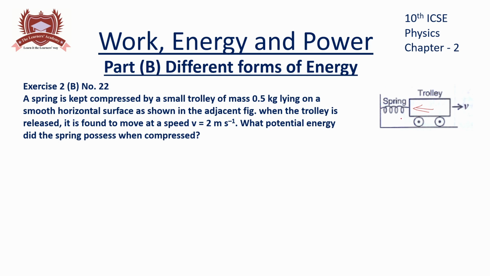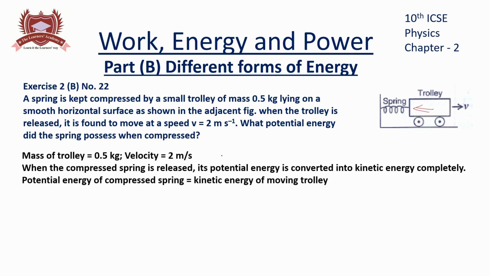As soon as I release the force, what is going to happen? The spring is going to come to its normal position. So the trolley will be pushed back. It is important to understand that the horizontal surface is smooth, meaning friction is negligible. Now what is the potential energy did the spring possess? Until now we had seen the potential energy of gravity, now we are looking at the potential energy of a spring.